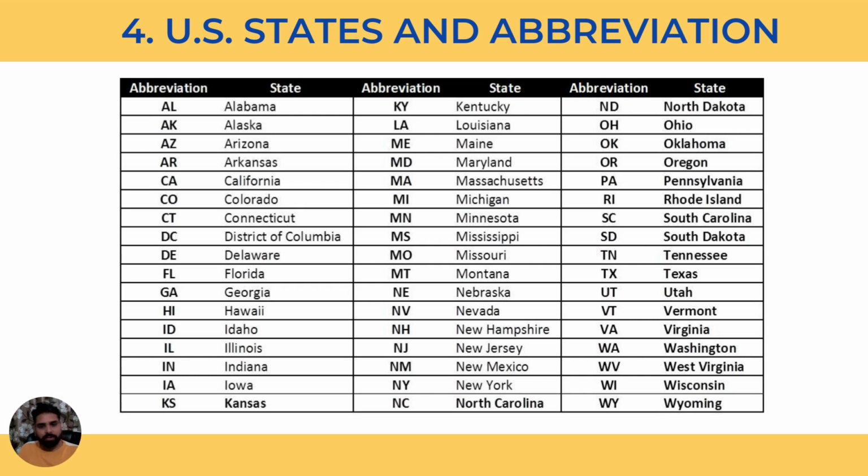In the next slide, we will discuss US states and their abbreviations. The job description is basically provided by the client, through which we do recruitment, source profiles, and submit the candidates to the client. In the job description provided by the client, the state's full name is not mentioned there. Most clients just mention the abbreviation. So it is mandatory for each and every recruiter to have an idea about the abbreviations.